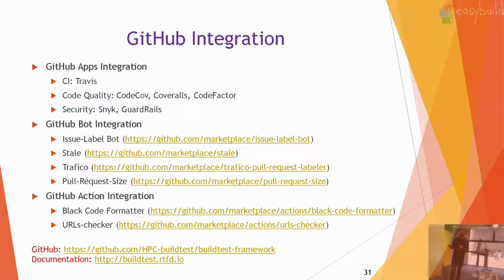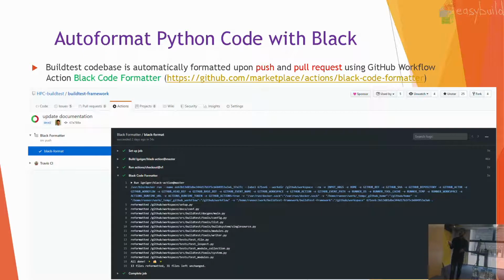And we also have, for instance, GitHub Actions. So Black Code Formatter is a pretty cool tool. I'll show you that. And URL Checker, which is for checking URLs. What Black Code Formatter does is it basically just auto-formats all your Python code with just one syntax.